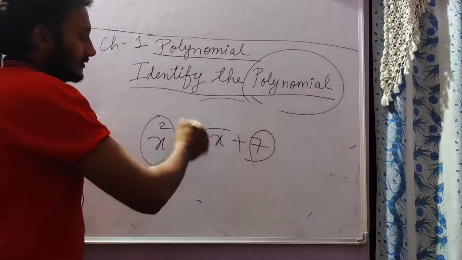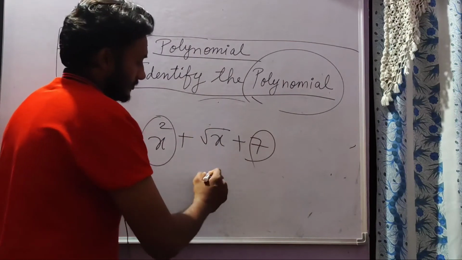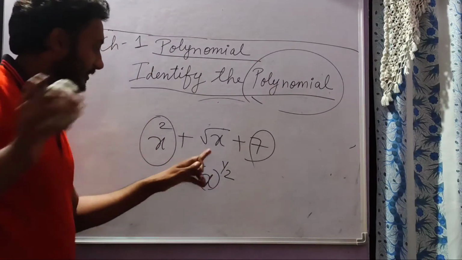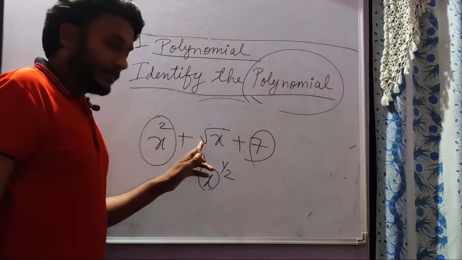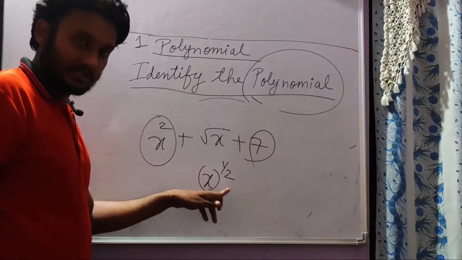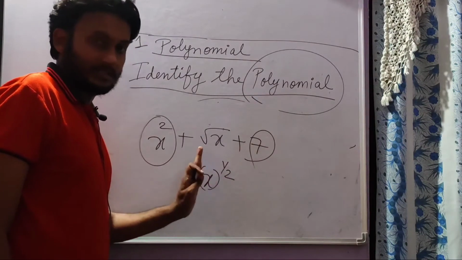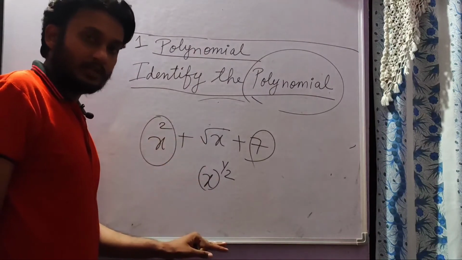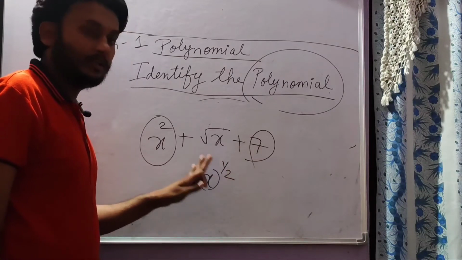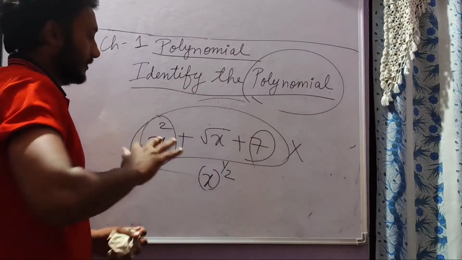But what is this third one? Root x. Root x means if you remove root, तो ये क्या बन जाएगा? जब भी अपन रूट को रिप्लेस करेंगे, if you replace root it becomes 1/2. So 1/2 is a fraction. Again we should remember that the variable should not have the power as any fraction. वेरिएबल्स डिनोमिनेटर में नहीं होगा, और वेरिएबल्स का पावर भी fraction में नहीं होगा. So this is also not a polynomial.